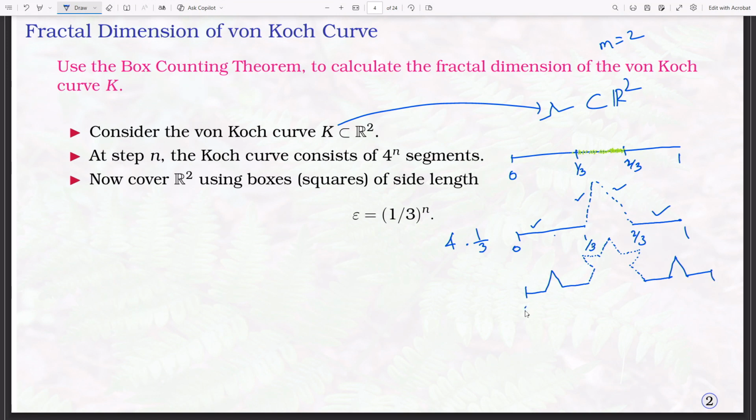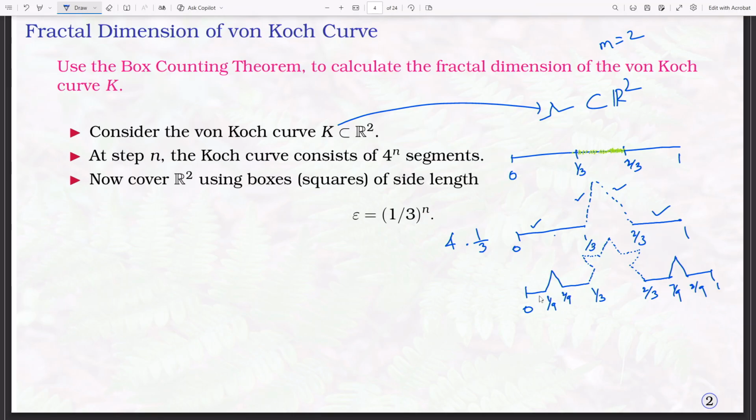So this is 0 and 1, this is 1 by 3, this is 2 by 3, and we get the points 1 by 9, 2 by 9, 7 by 9 and 8 by 9.